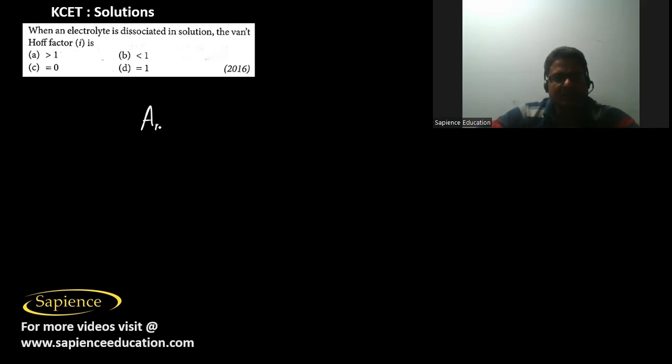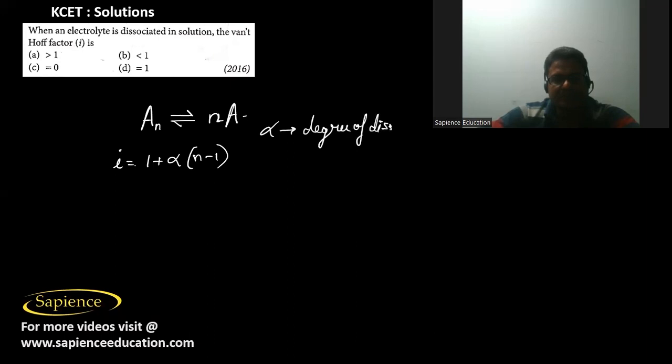So when an electrolyte, let's say A_n, is dissociated, it forms n atoms of A. Here the Van 't Hoff factor i is given as 1 plus alpha into (n minus 1), where alpha is the degree of dissociation of the solute.